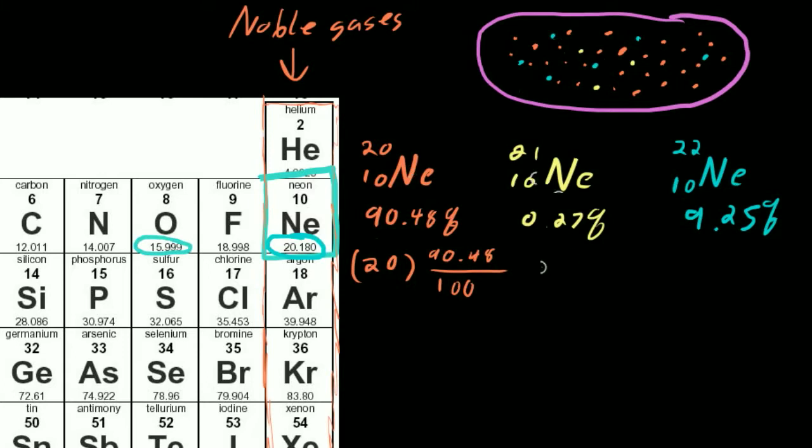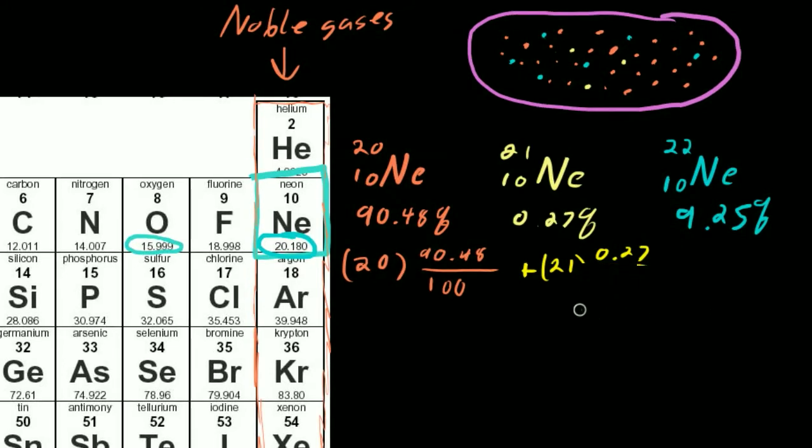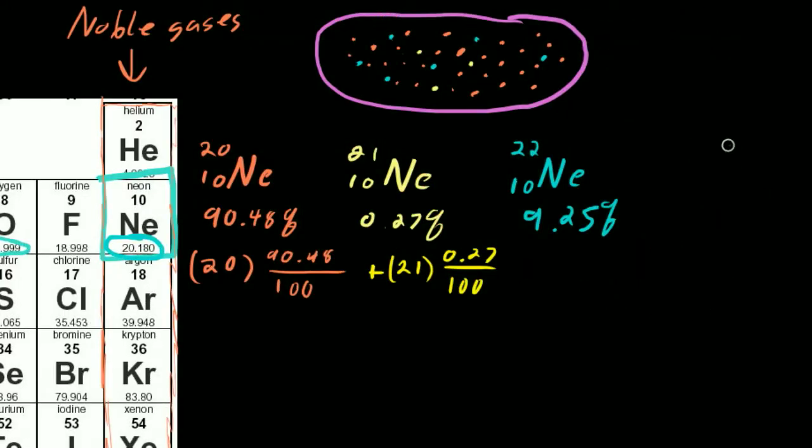Then we're going to add that, so our mass is going to be 21. And 0.27 times out of 100, we are going to choose a neon 21 isotope out of our balloon. And then finally, we're going to add that.